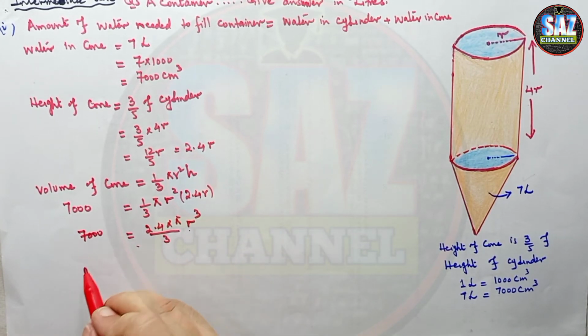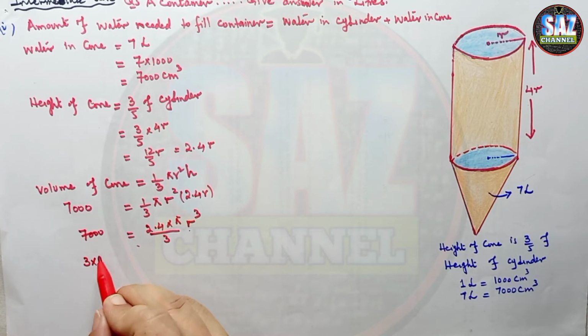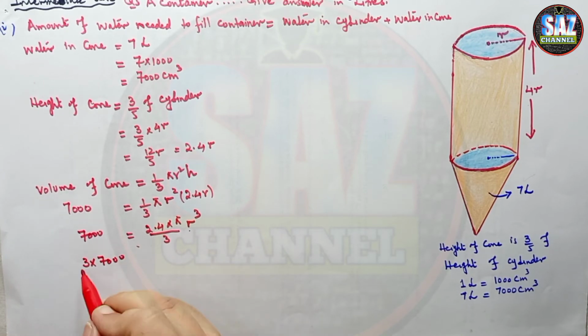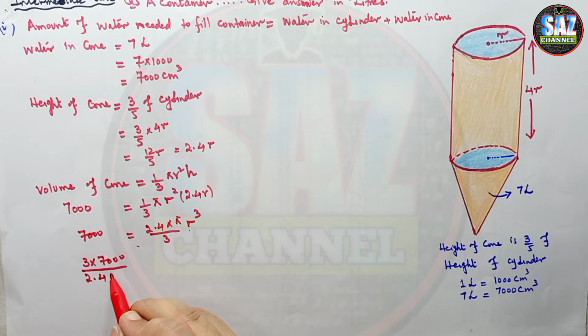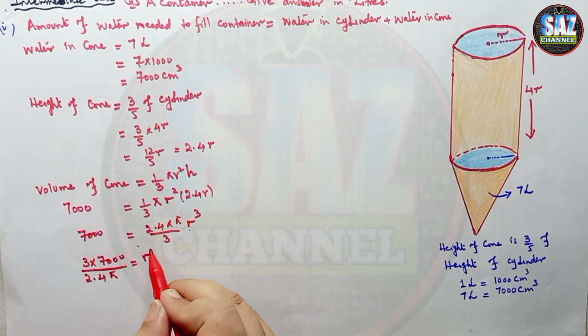Now go for cross multiplication: 3 multiplied by 7000, and then 2.4 multiplied by pi equals r cube.